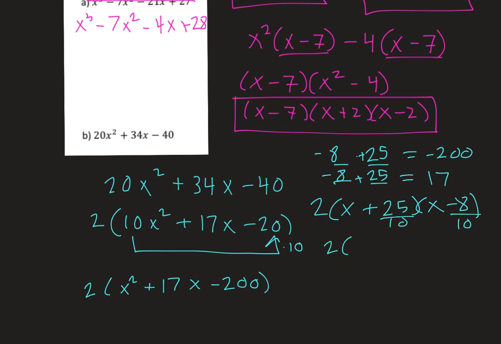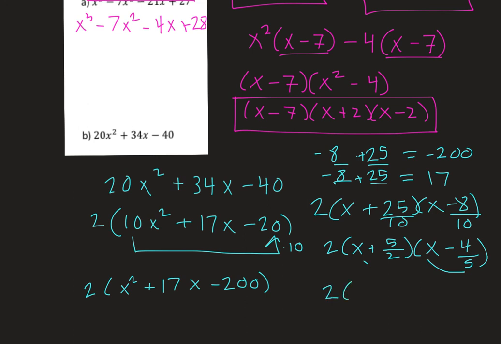Reduce those fractions. So this first one, divide the top and bottom by 5. And the second one, we're going to divide the top and bottom by 2. Okay, and then because we are factoring, we need to bring those denominators onto their x.